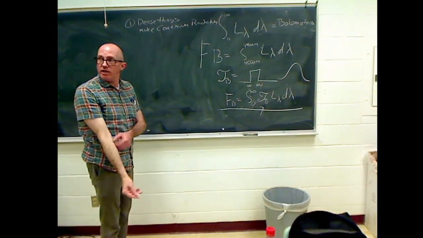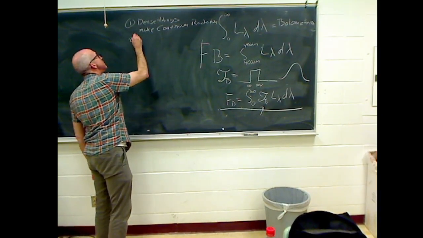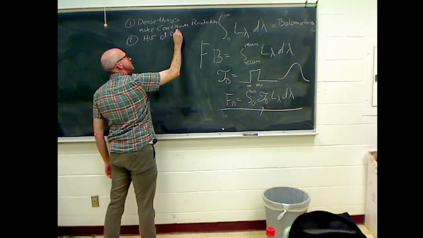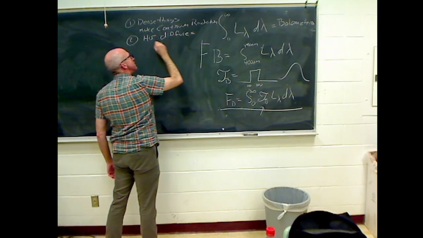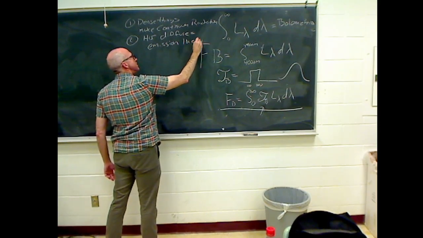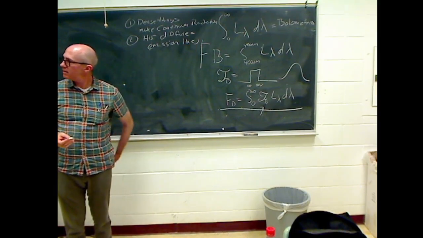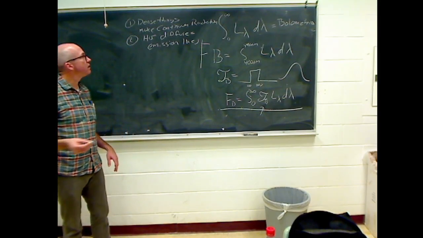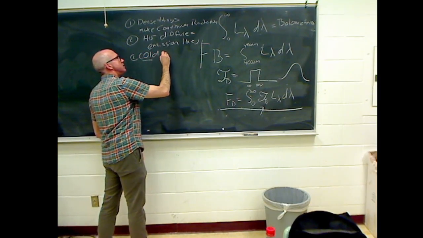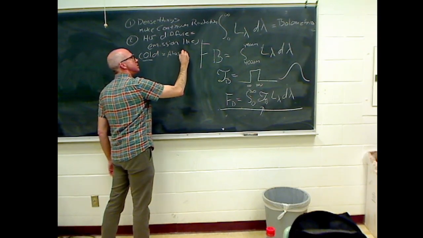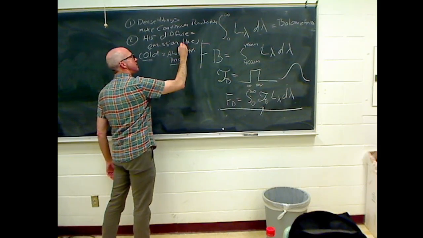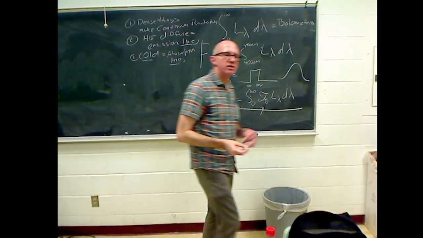Dense stuff makes continuum radiation. Hot diffuse gas produces emission lines, and cold gas makes absorption lines. So that's what Kirchhoff said.